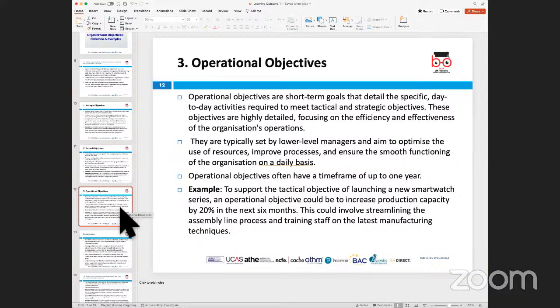So here the operational objectives come into place, because project managers or production managers who work on the floor would be looking at ingenious ways on how they can actually shave off time or reduce the time required to manufacture the cars. So typically in an 8-hour shift, Nissan produces maybe 200 vehicles.